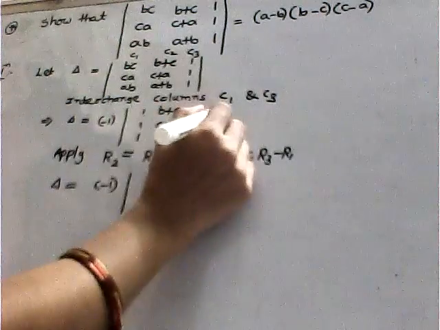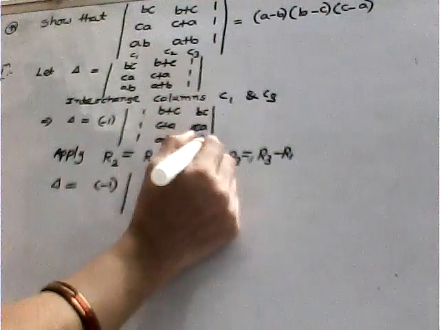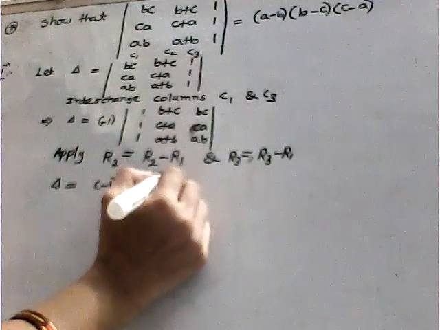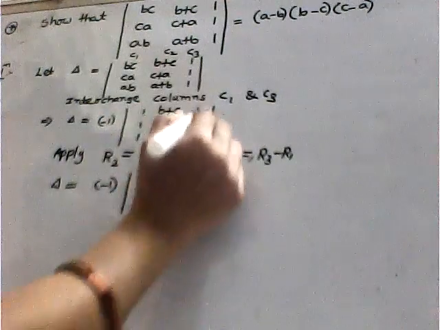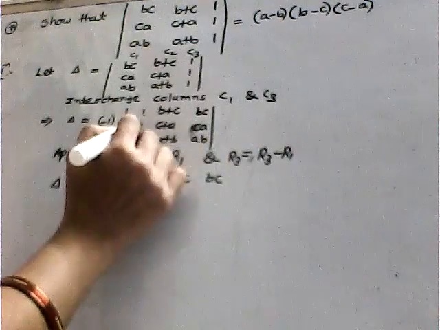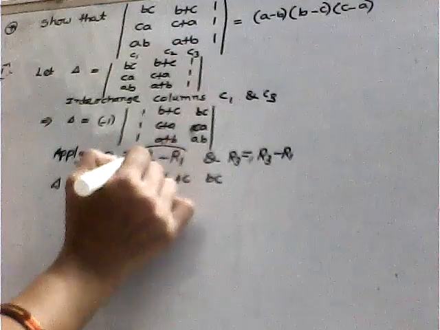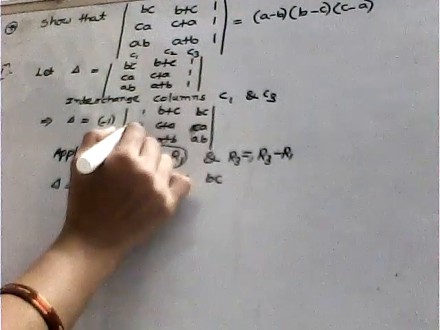This is the first row, this is the second row, this is the third row. R1 is 1, B plus C, BC. The R2 row changes to R2 minus R1.